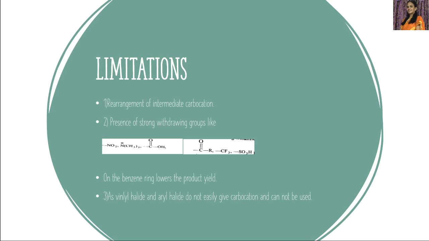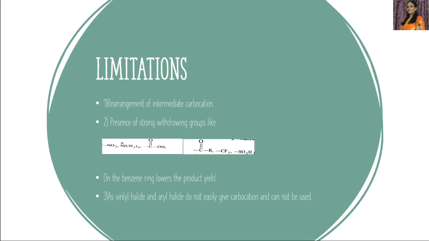Next, the trifluoromethyl group, and another one is the SO3H group. So such types of electron withdrawing groups, when they are present on the benzene ring, then what happens? They lower the product yield.